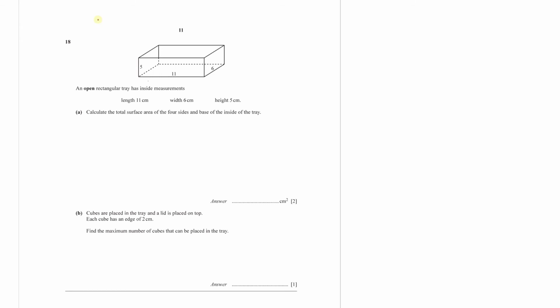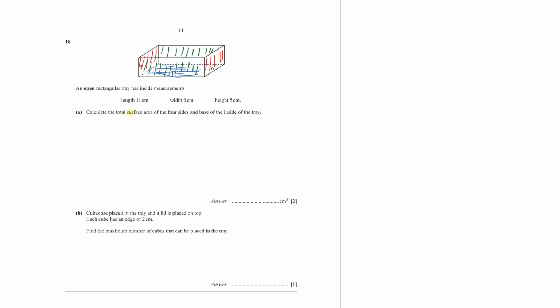So let me mark this: this would be your left and this would be your right side in red. And then let me mark this front side with green and the back side with green as well. And your bottom here would be blue, which is the bottom side.